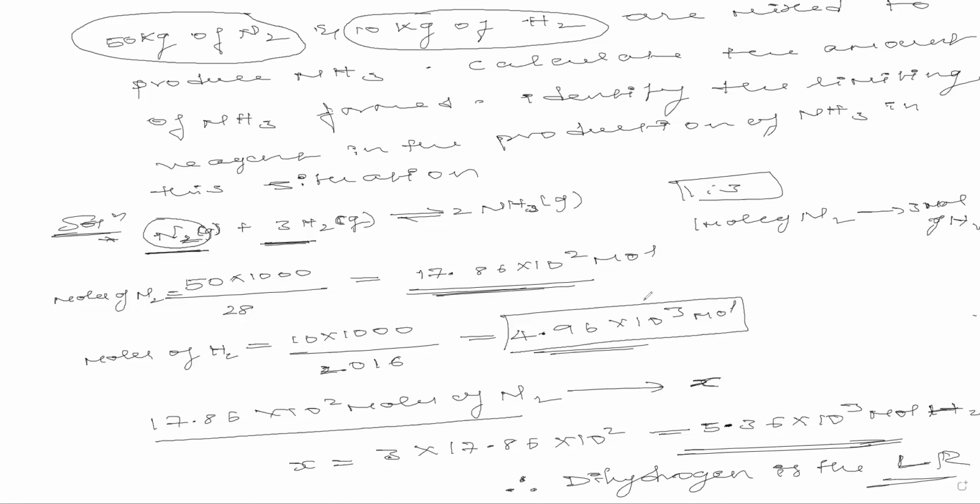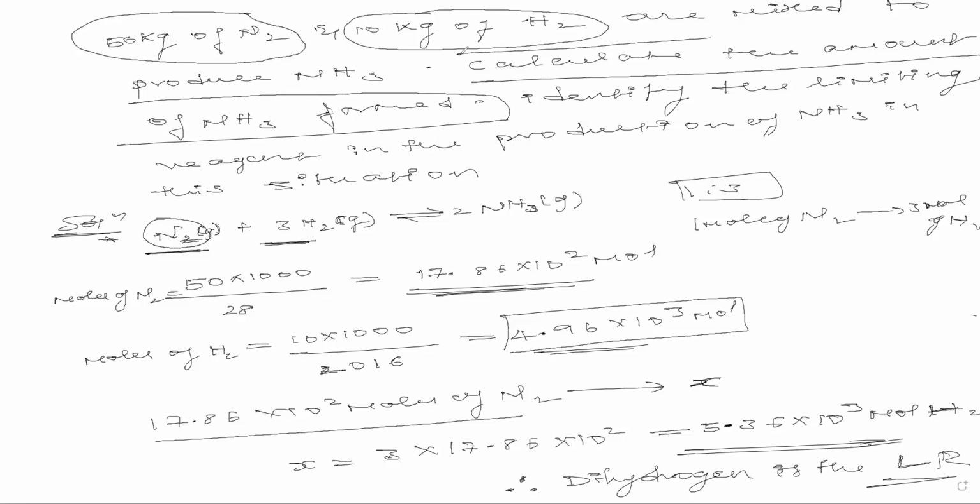After identifying the limiting reagent, in the production of NH3 in this situation, we have to calculate the amount of ammonia formed. Calculate the amount of NH3.